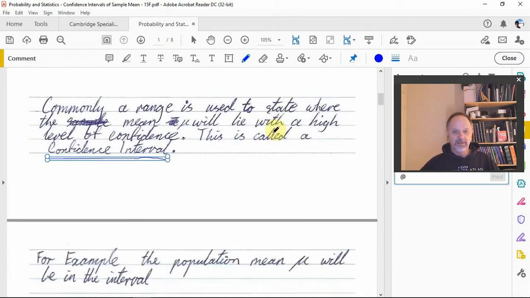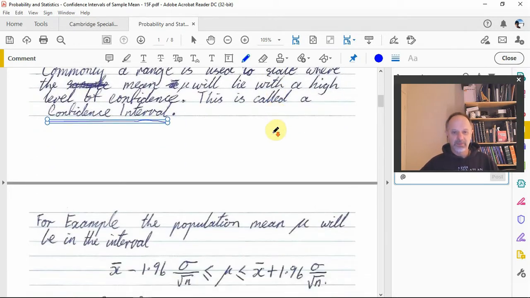All right, so an example, and this is not the only range that you can do, but often they're written in this form. So the population mean will be in this interval. So this is the sample mean that we've found out. And this number is 1.96 times standard deviation over the square root of the size of the sample, right?